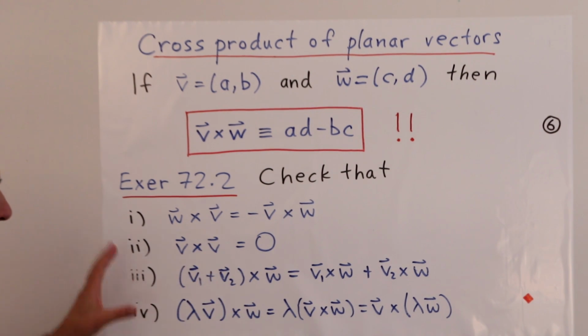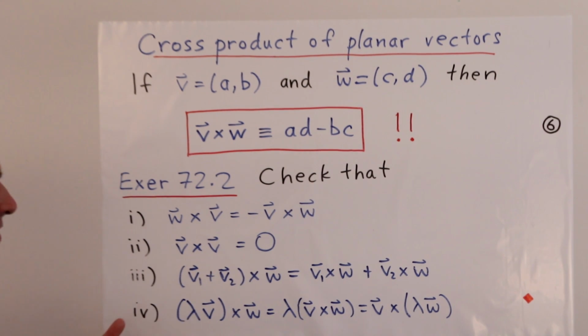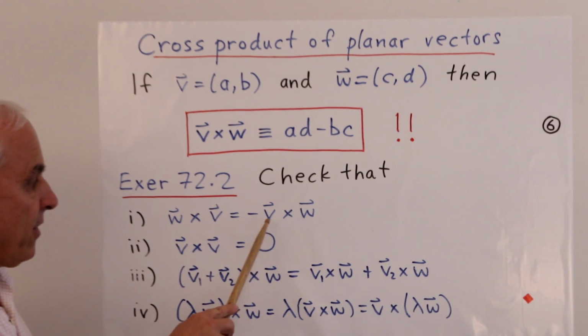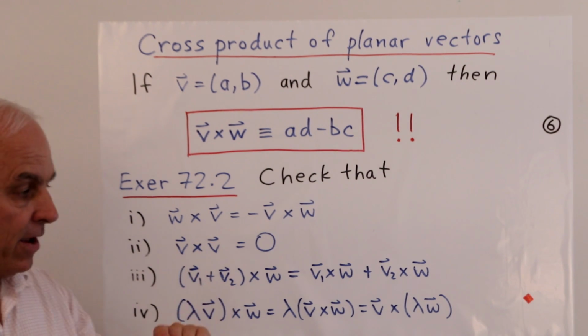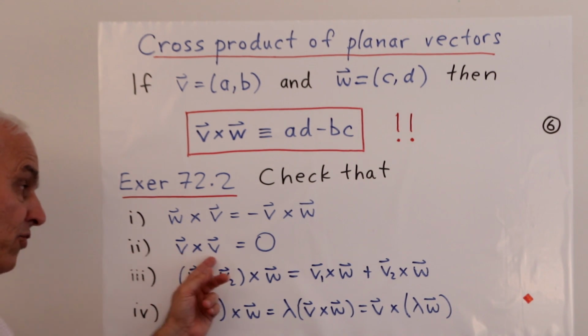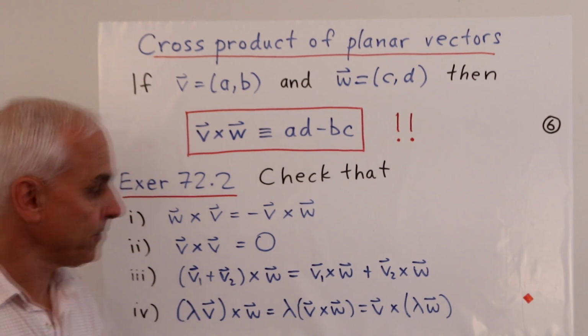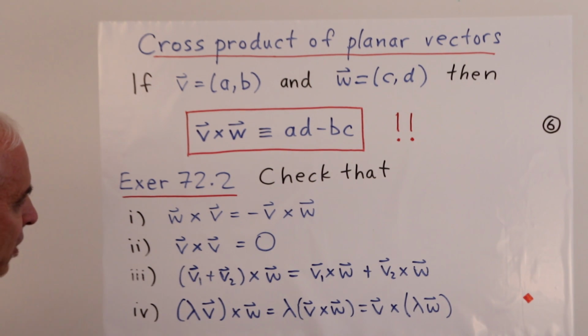Now I'm going to leave you with a little bit of an exercise to check some basic but fundamental things. That if we interchange the order of the vectors, then the cross product changes sign. That if we take a vector cross itself, we get 0, the number 0. And that the cross product is linear in a kind of obvious way.